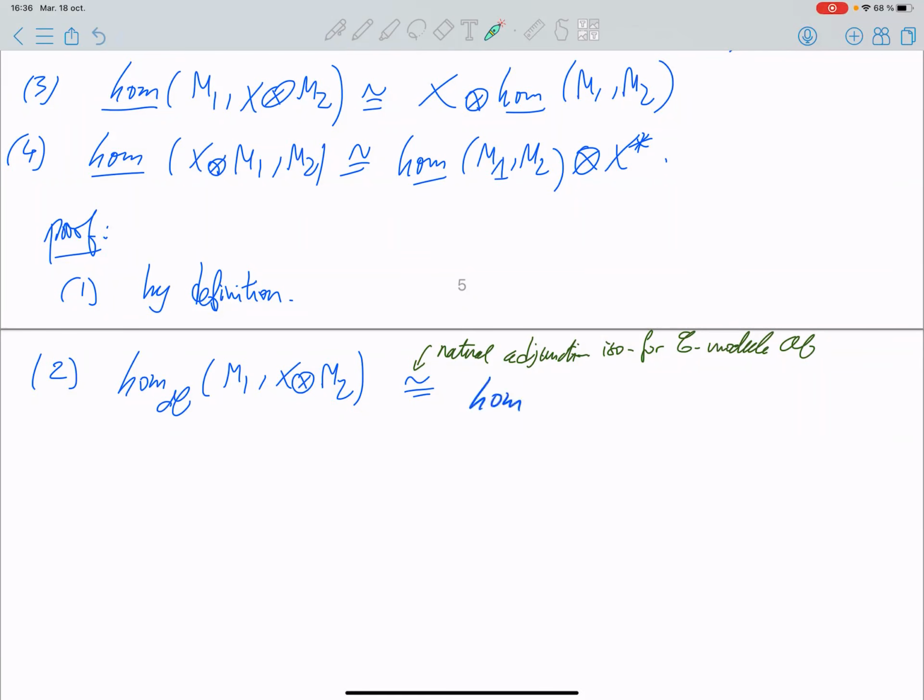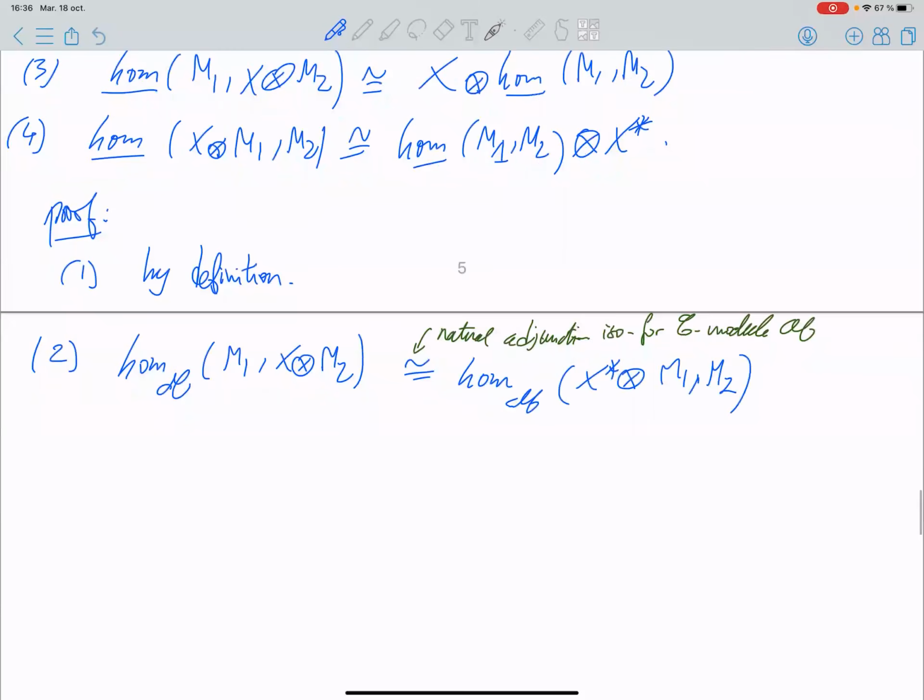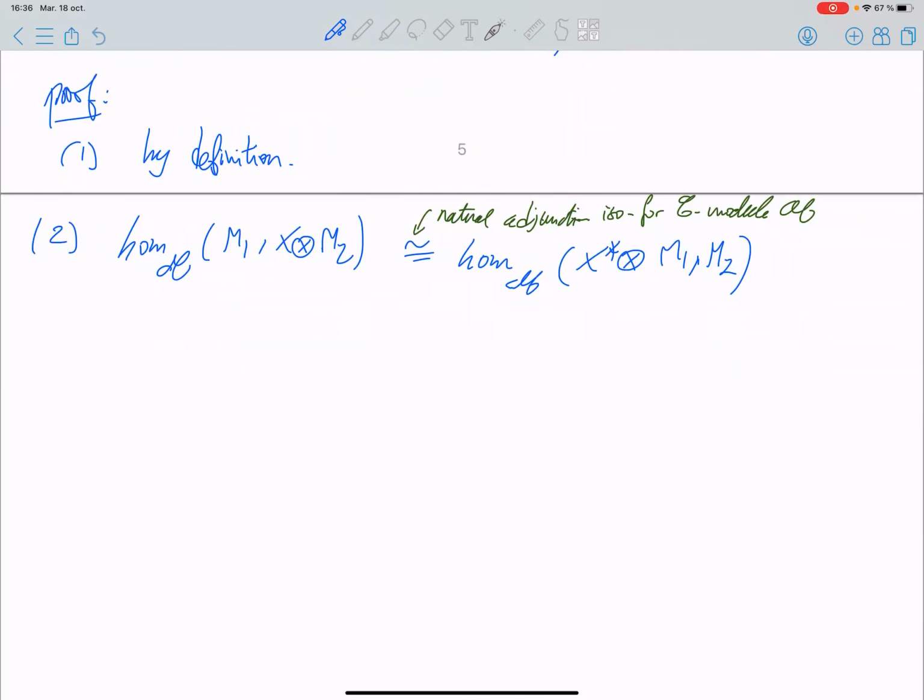So there is a natural isomorphism, still in M, so Hom space in M, and you put the X on the right, X dual. So we know that this works for C-module M, generalizing the natural adjunction isomorphism on C. So this works on modules. Next, we can apply the definition of internal Hom.